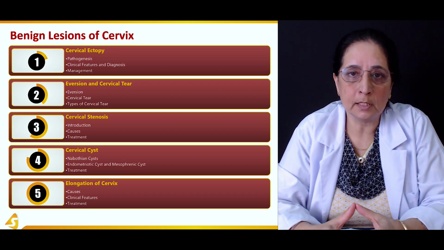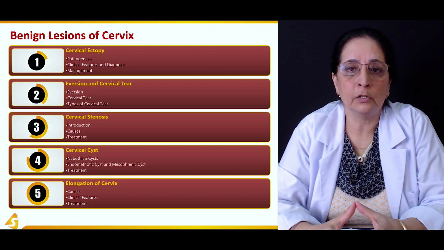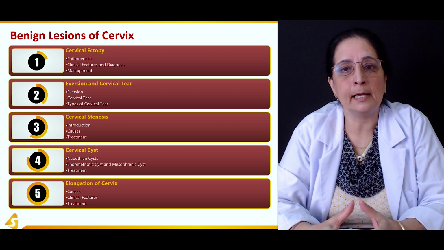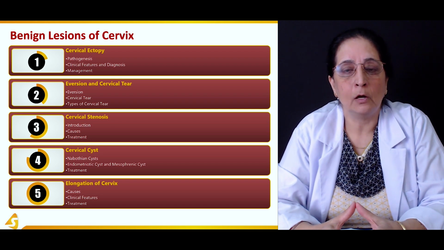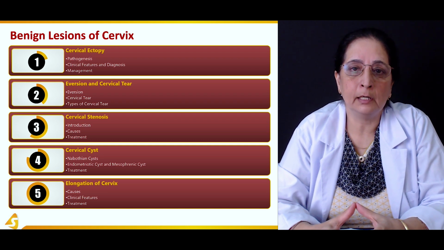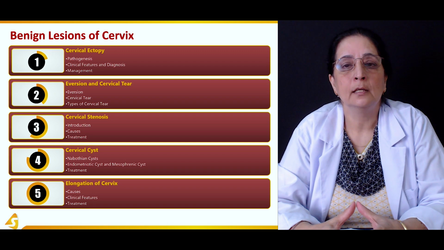What are the causes of elongation? How the elongation of the cervix present, and what's the treatment and management of the elongation of cervix. So all these topics will be covered in our lecture, Benign Lesions of the Cervix.